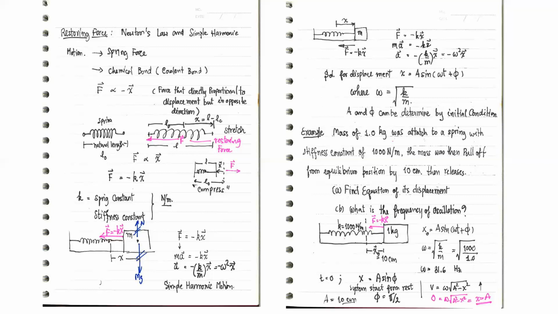A net force on an object also has to have the form ma, or minus m omega squared x. So in order for an object to move in harmonic motion, F has to be kx. Let me set up something here.